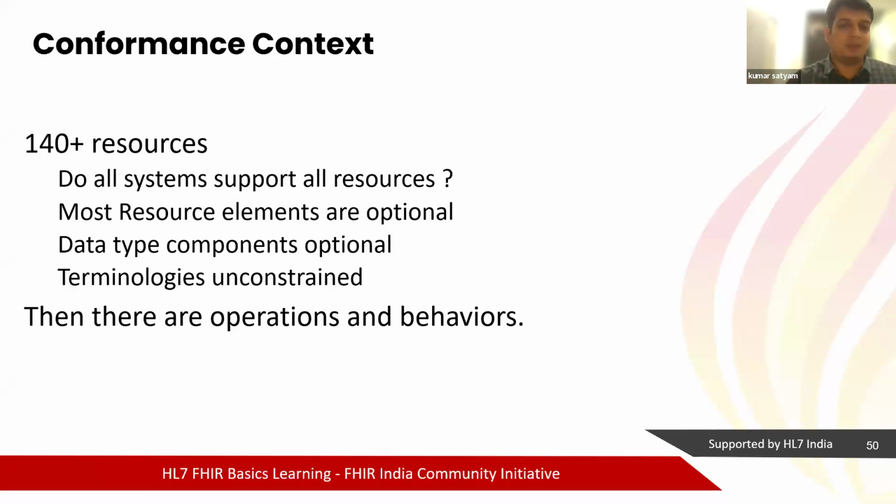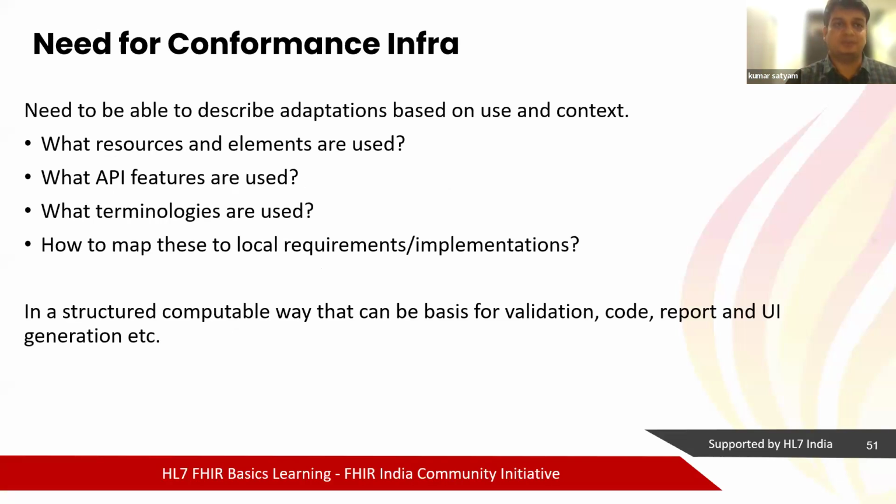Most resource elements are optional, and you can choose what you want to build, and what operations you want to support and don't want to support. So this makes it very difficult to gauge whether two systems that claim to have implemented FHIR are actually interoperable or not. So what should you do?